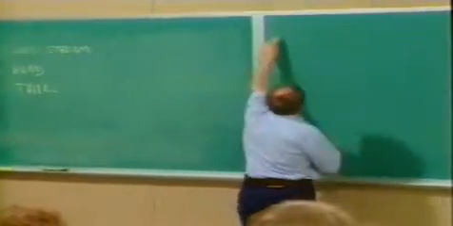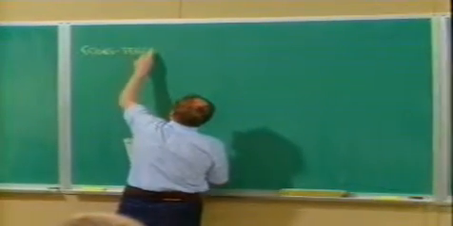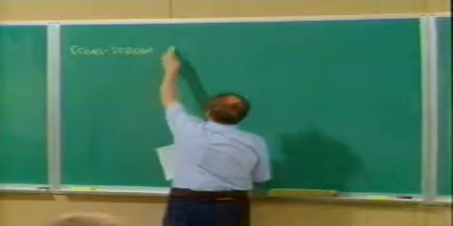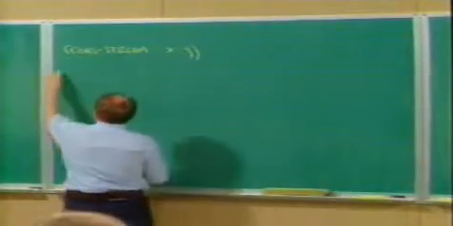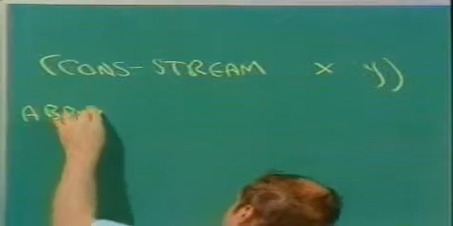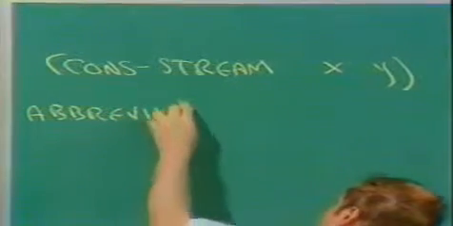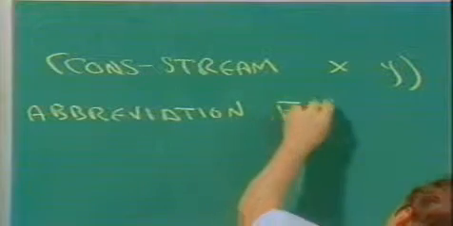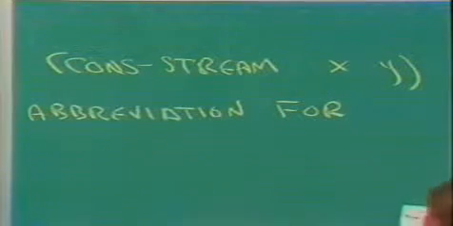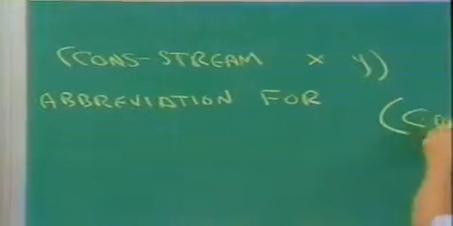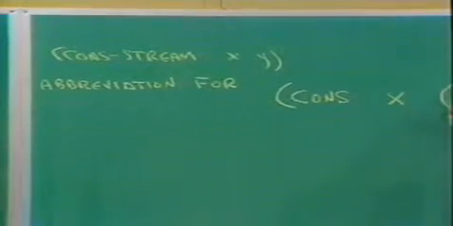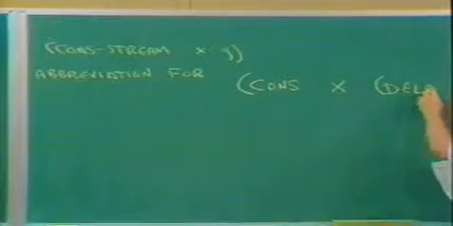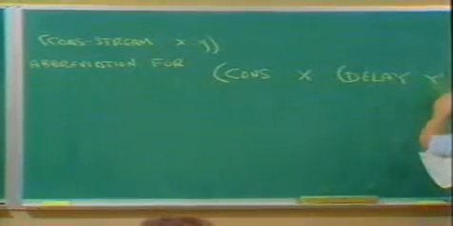Well, cons-stream of x and y is going to be an abbreviation for the following thing. Cons, form a pair, ordinary cons, of x to a thing called delay of y.